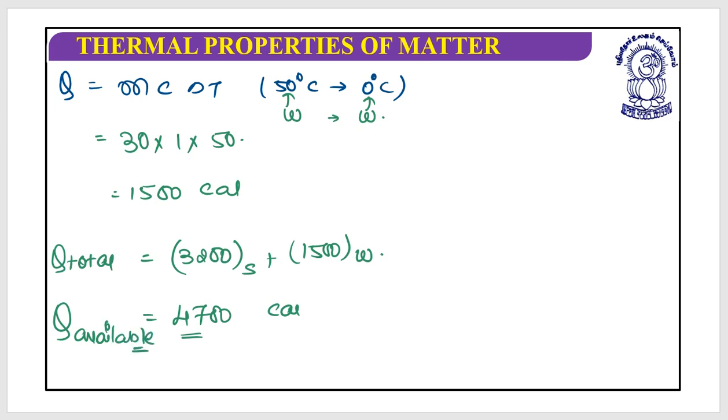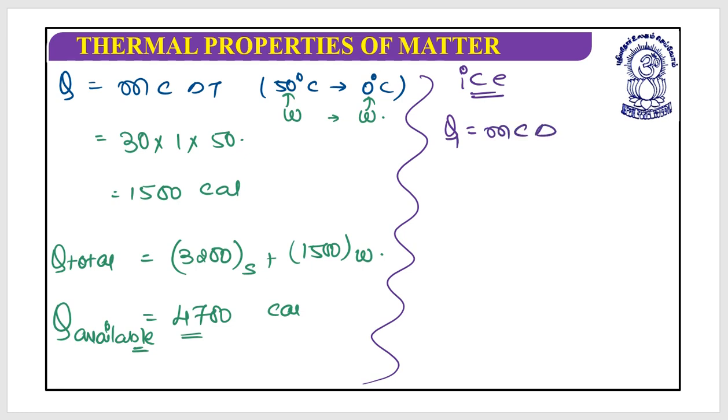I hope this is clear. Now what I need to do is take into consideration the ice cubes, what the ice will require and what amount of energy is required. So first task, Q1 is equal to mc delta T. This will convert minus 30 to 0 degrees Celsius, but here it is ice, even here it is ice.